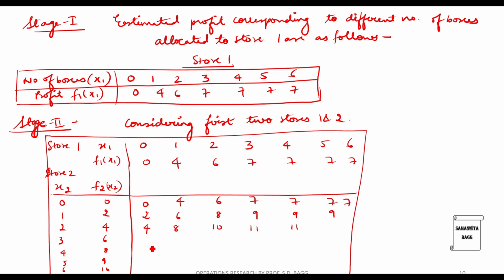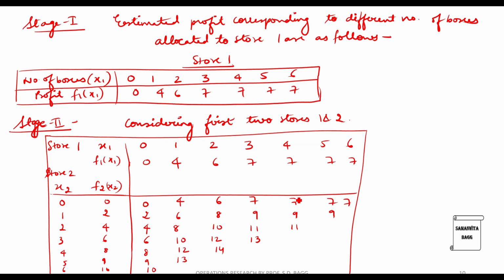Then I'll add 6 to each of them up to 3. So this will be 6, 10, 12, 13. Then I'll add 8. Next I'll add 9. And then finally I'll add 10 to only the first value, such that the summation of x1 plus x2 should be less than or equal to 6.